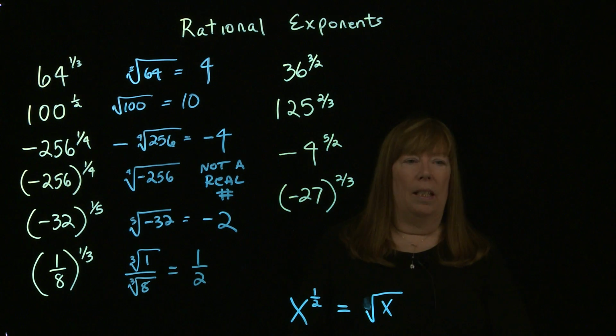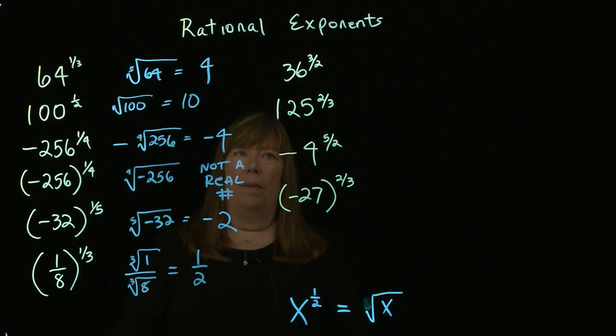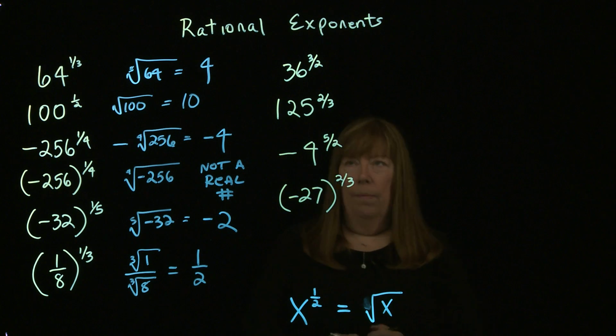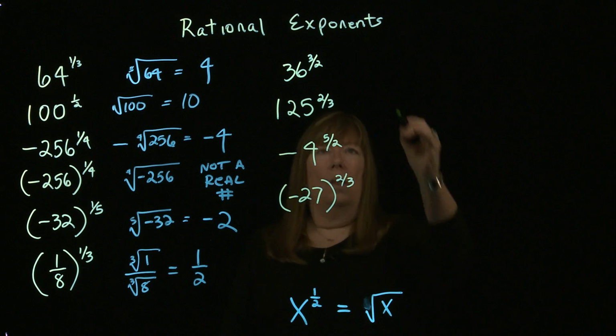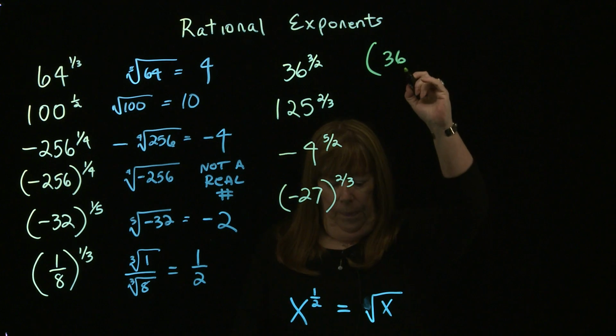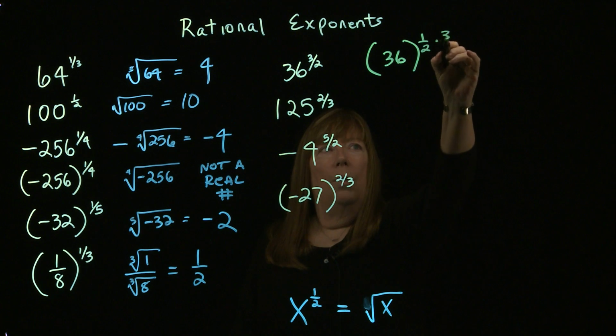Okay, so that was pretty easy as long as the numerators were 1. Let's see what happens when the numerator isn't 1 anymore. Let's try this one, 36 to the 3/2. Okay, so that's 36 to the 1/2 times 3.